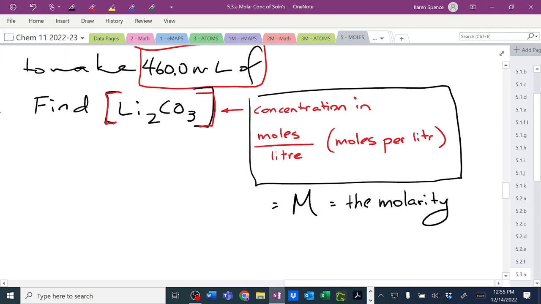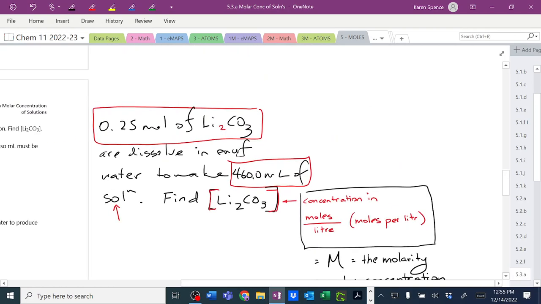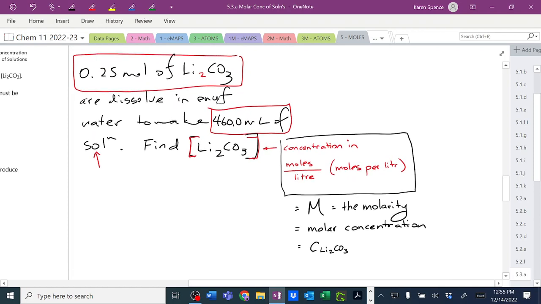Another way of saying it is the molar concentration. And another way of writing it would be concentration of Li2CO3. So all of that's the complicated part.